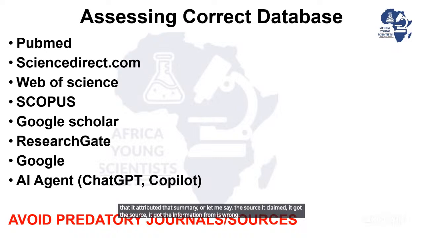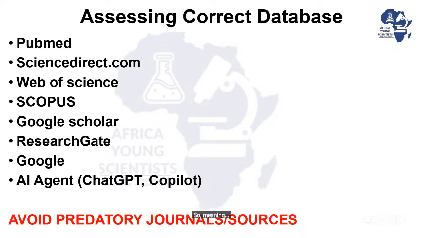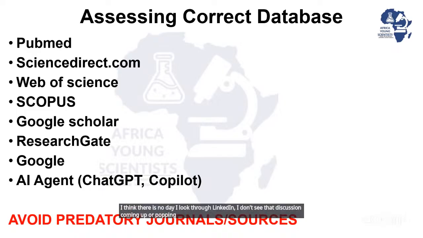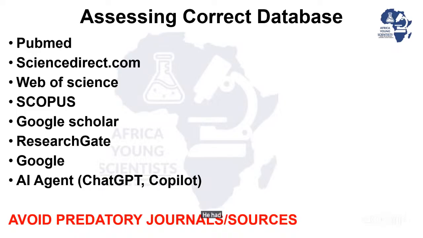This has been going on, and scientists have tried creating awareness. There is no day I look through LinkedIn that I don't see that discussion popping up, whereby we're having AI hallucination in terms of fabricating references.